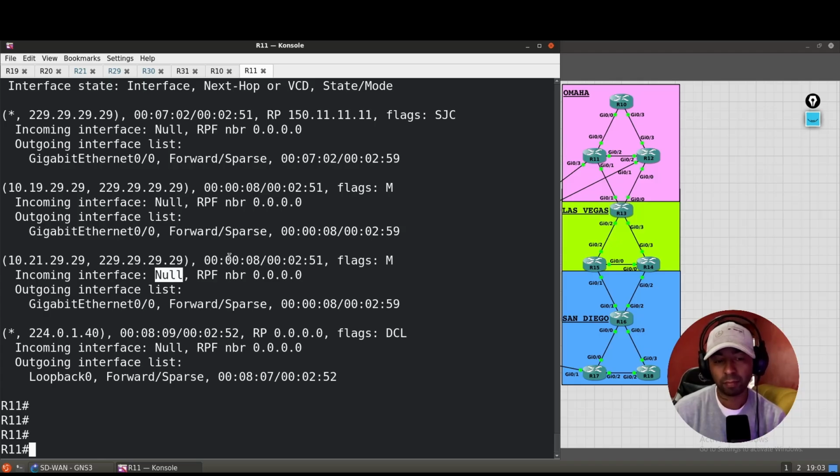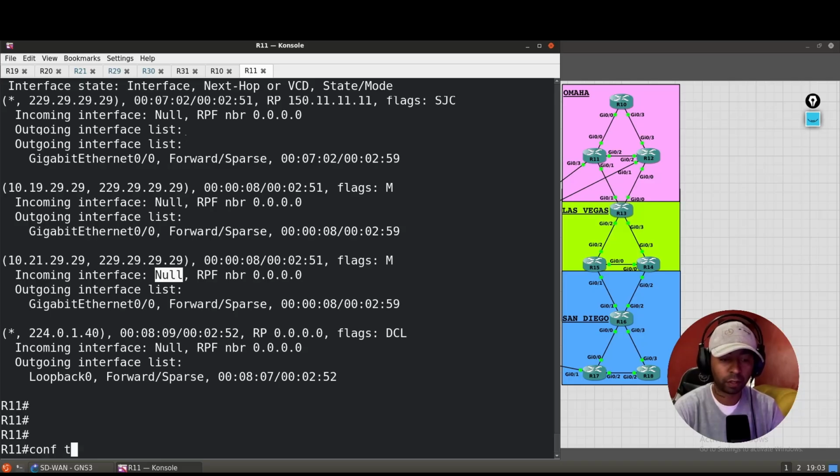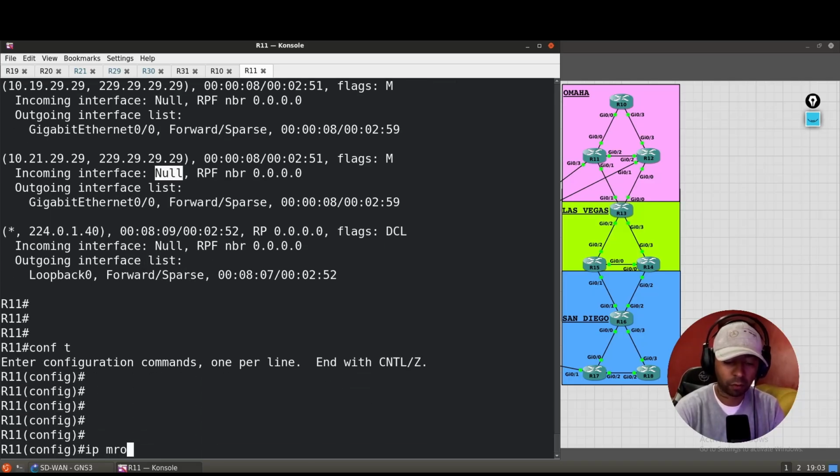Let's just use static multicast routing again, IP mroute. Config terminal, IP mroute 0.0.0.0 0.0.0.0 tunnel 1121.